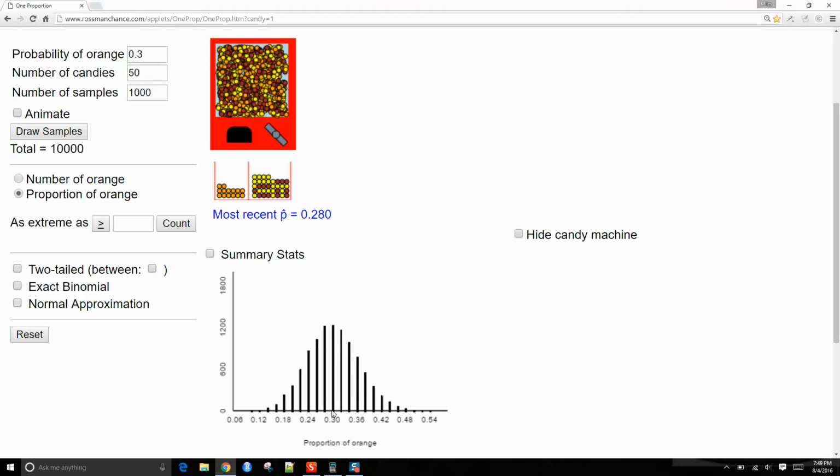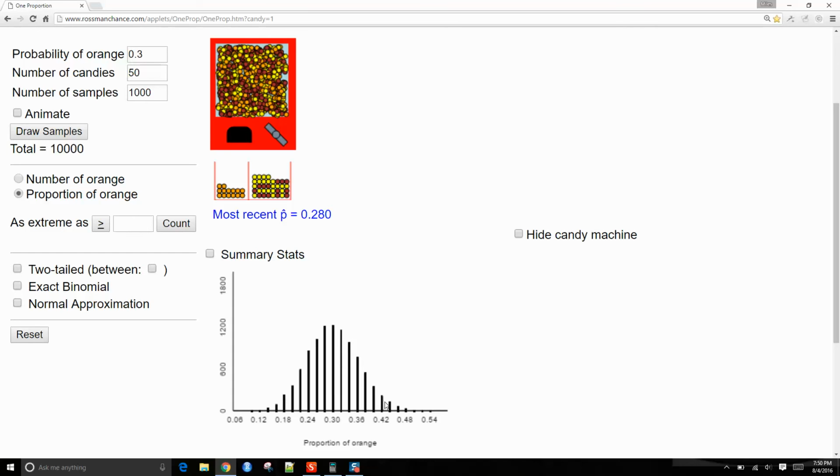We know the tank is exactly 30% orange, so whenever we take a random scoop, we would expect something around 30% to be orange. But because it's random, it might be a little bit higher or a little bit lower. So values close to 30%, like 28, 32, 26% or even 34%, are quite likely to appear.